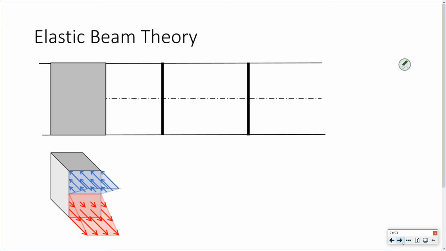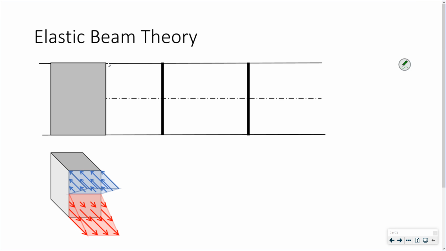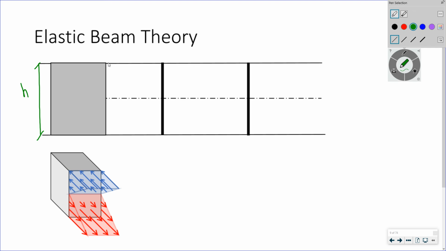Here, I'm going to look at this cross section of my beam. Up here, it has a height of h, subjected to a moment, a positive bending moment.